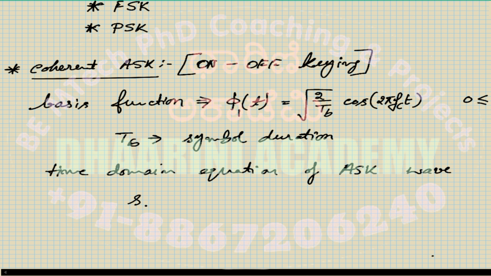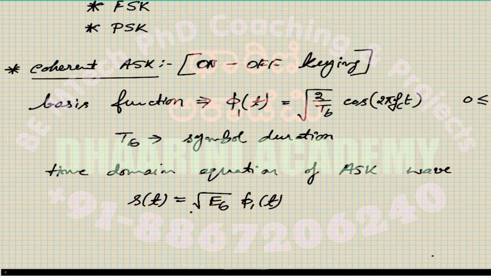This is S of t is equal to root of EB times phi 1 of t, because root EB is the energy content in that symbol 1. So symbol 1 has energy root EB, right? Symbol 0 has 0 energy. So 0 into phi 1 gives you a 0. So S of t becomes either root EB or 0 dependent upon what you are sending.